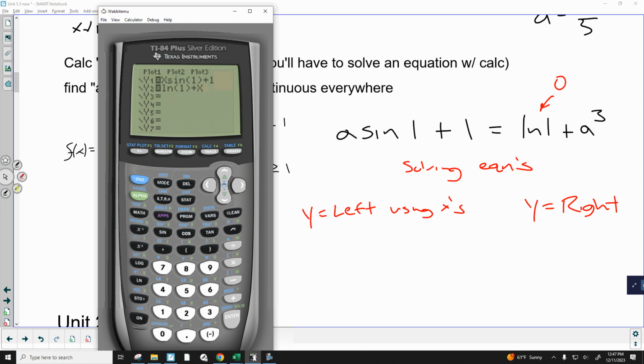You have your calculator, you're good. Graph. That's the graph of a sine 1 plus 1, and that's the graph of x cubed. Where do you think the solution is? The intersection. So we need to find the intersection.